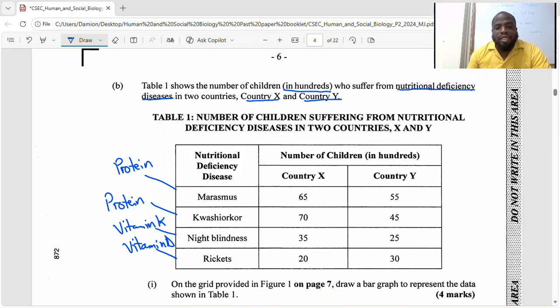When you look at vitamin D, it helps with the absorption of calcium. And you know, calcium is needed for strong bones. And of course, a lack of vitamin D will influence that. Note that these two would have been considered micronutrients. Micronutrients are nutrients that you don't need in large quantities in your body. Instead, the body will need a small amount.